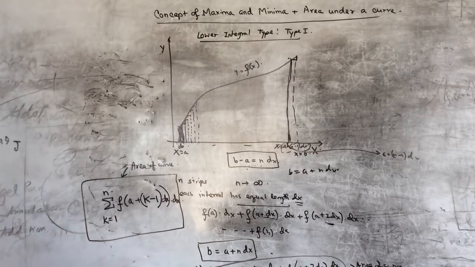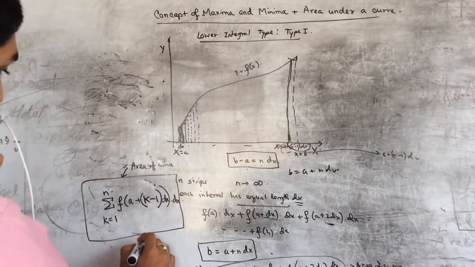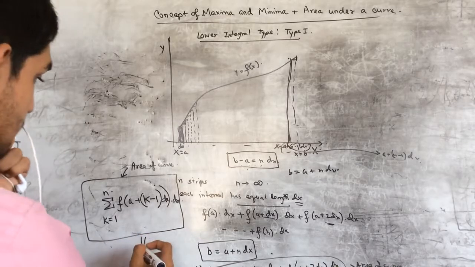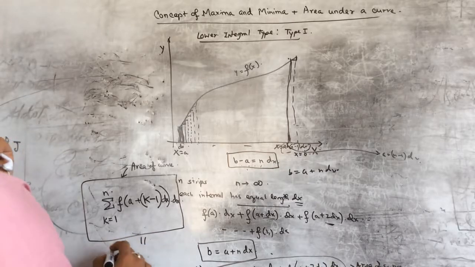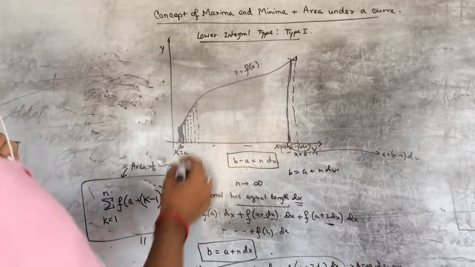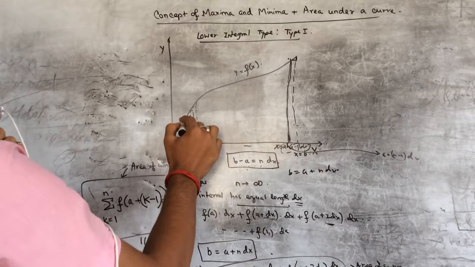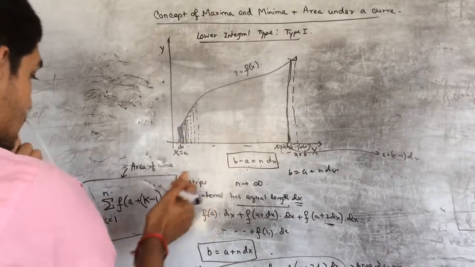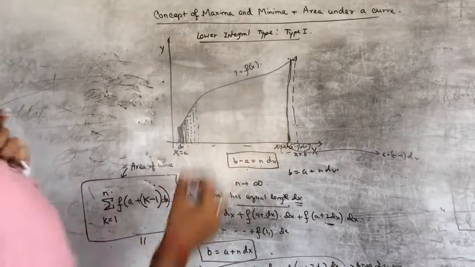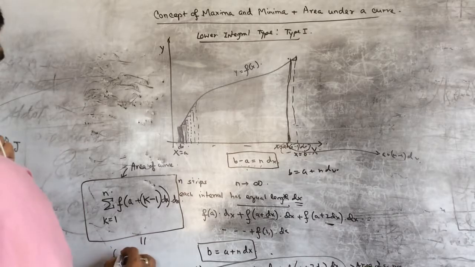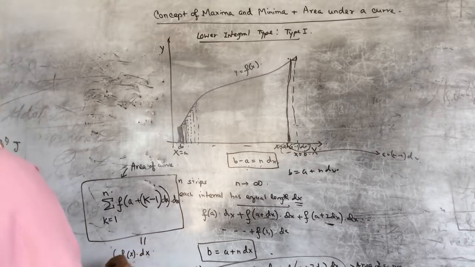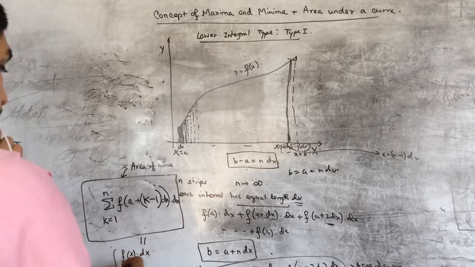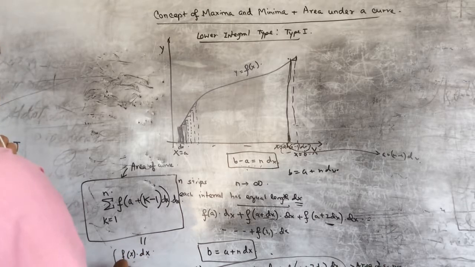So this is for discrete points, and if the function is a continuous function, then we write it as the integral of f(x) dx, x rising from a to b.